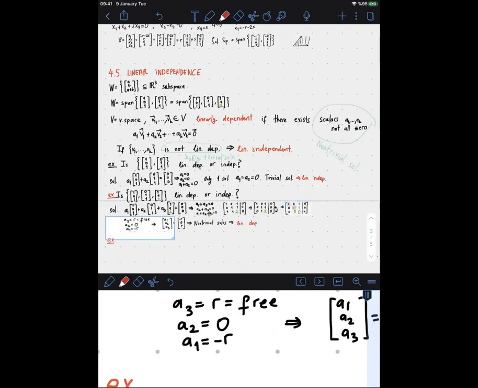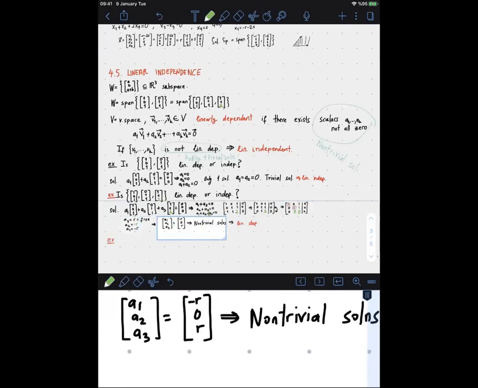which means A3 is free. A2 is what? A2 is minus R, and A1 is also minus R. Okay. I think now this is correct. So this should be minus R as well, right?